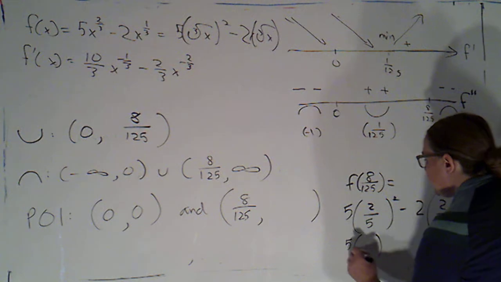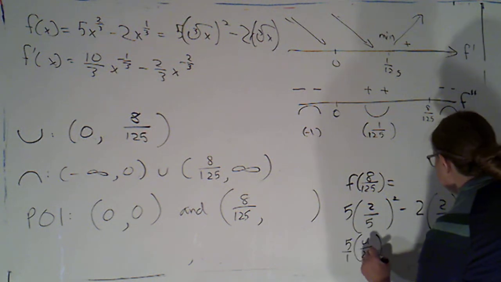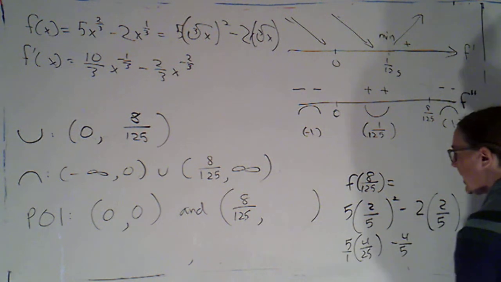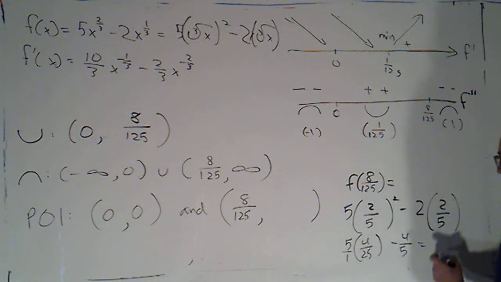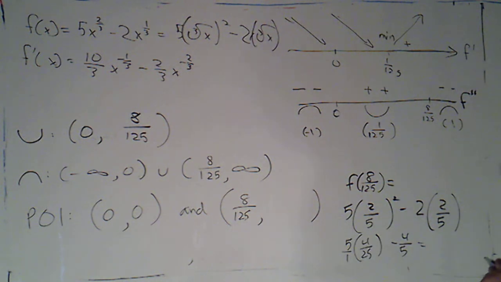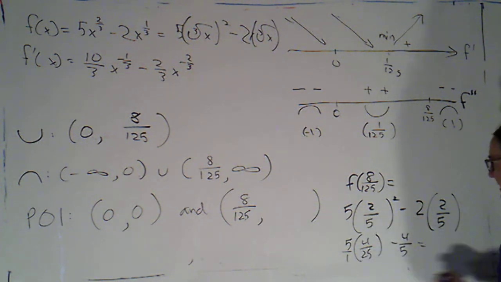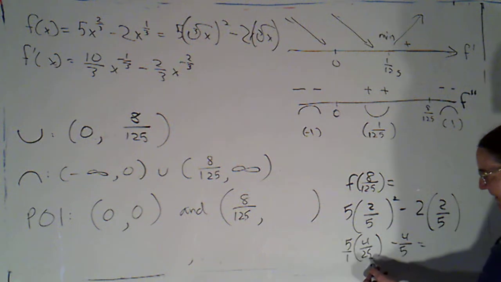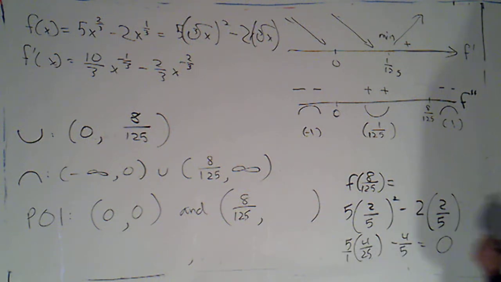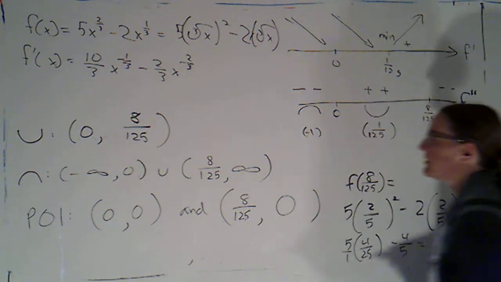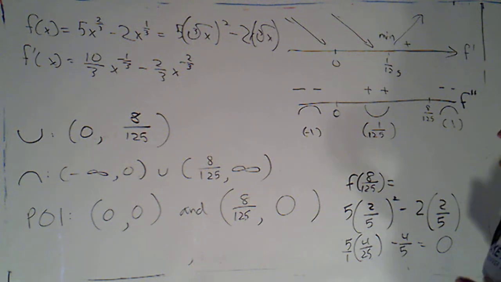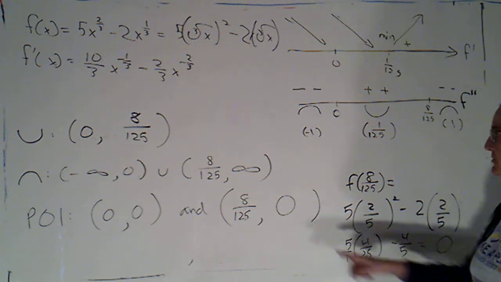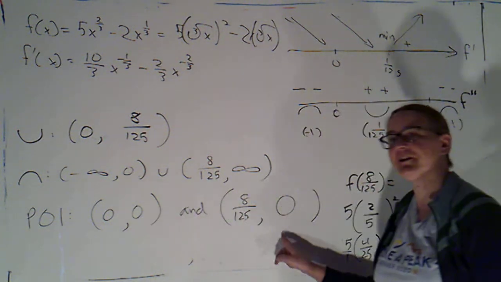So that's 5 over 1 times 4/25 minus 4 over 5. That's going to cancel. Oh my goodness, is that 0 again? This is exciting. It is. One of the 5's is going to cancel, so it's just 4/5 minus 4/5, which is 0. So we're going to hit 0 at that location as well. So 2 points of inflection, here and here.